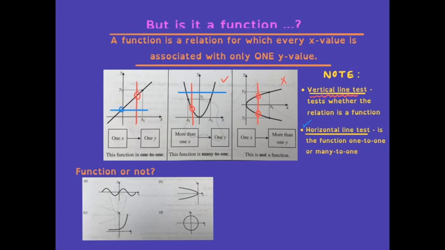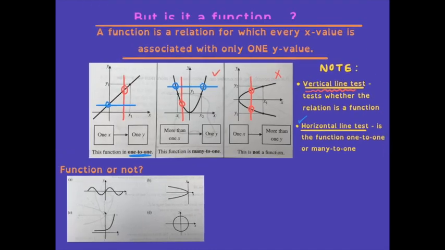If your line gets cut once, then we say it is a one-to-one function. And if you draw that horizontal line and your graph is cut twice or more than twice, if you think about a cubic graph it would be cut more than twice, then we would say it's a many-to-one function.